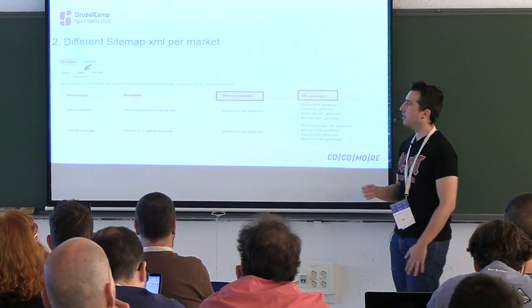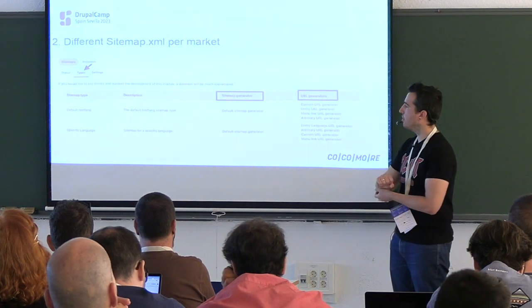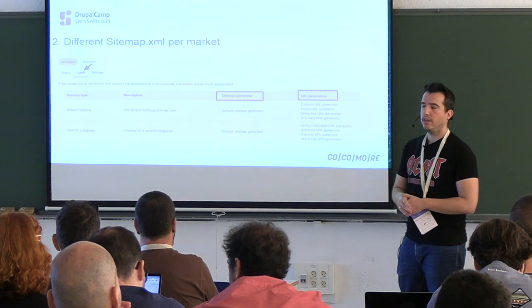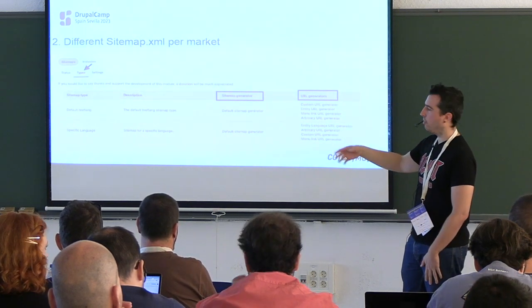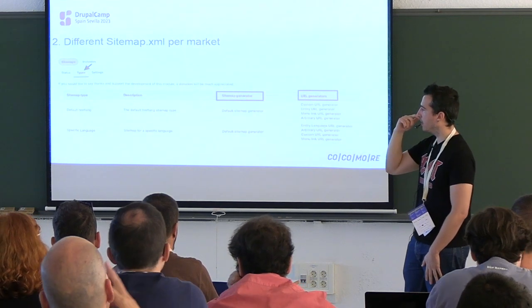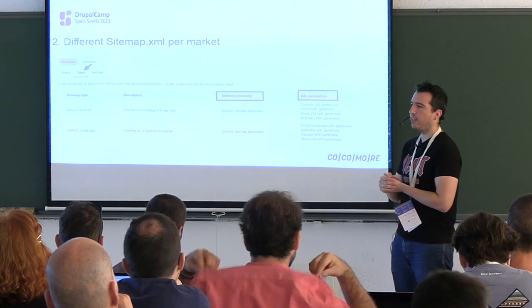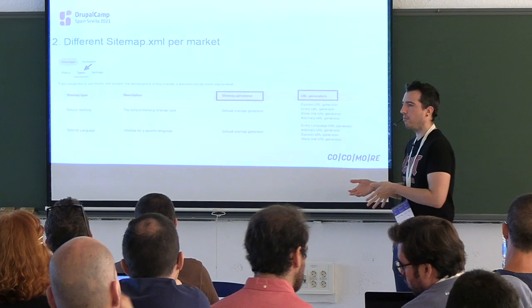So basically with simple XML sitemap, you have two main areas. First, you have sitemap types. These are the two default sitemap types. So basically you define how to detect the URLs in order to put them on your sitemap, right?